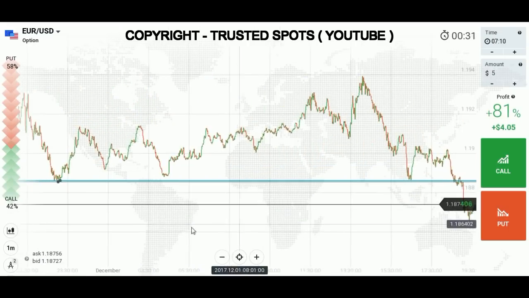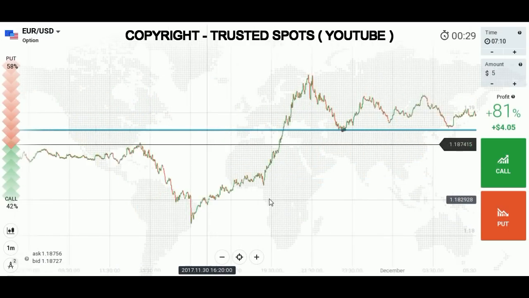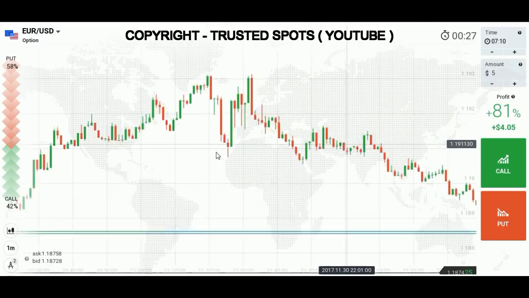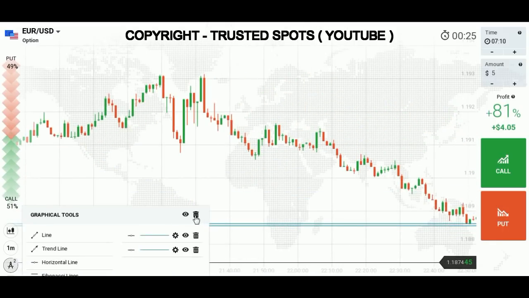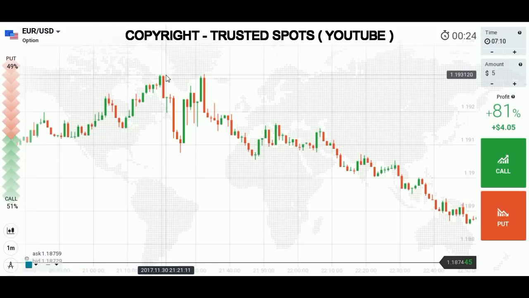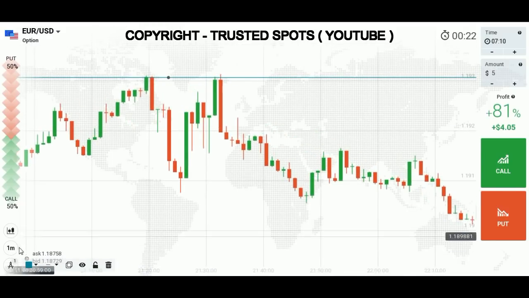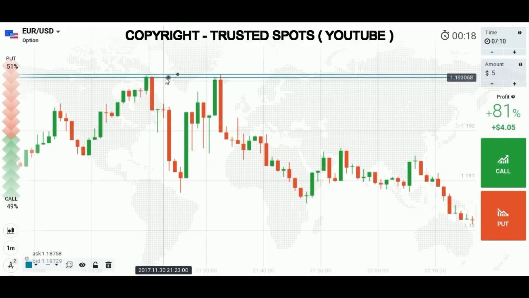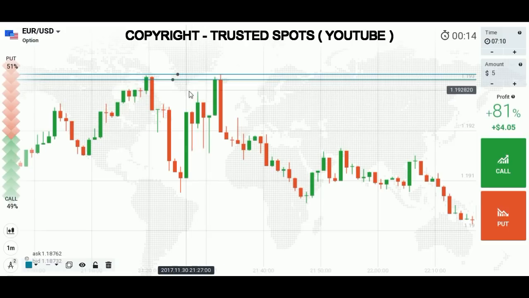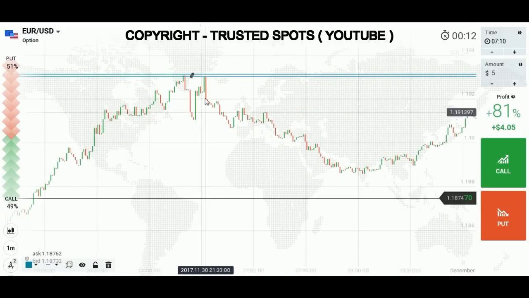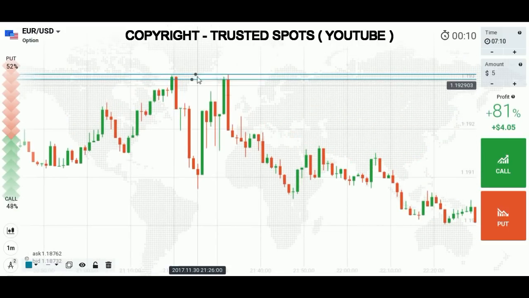Let me give one more example of an extreme level. So for this level, the first concept, this is an extreme level. Why? Because it can be seen clearly. It is a strong SNR.